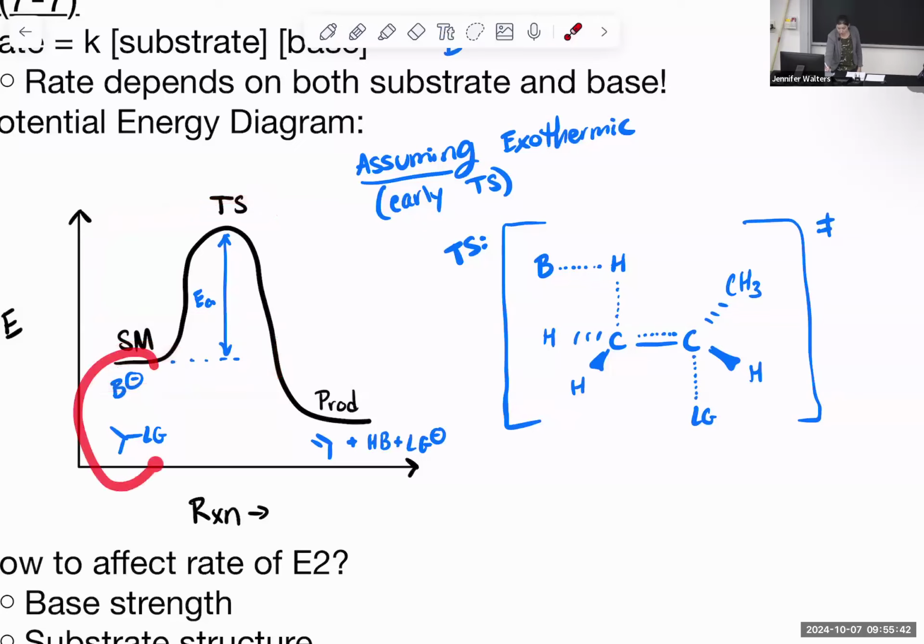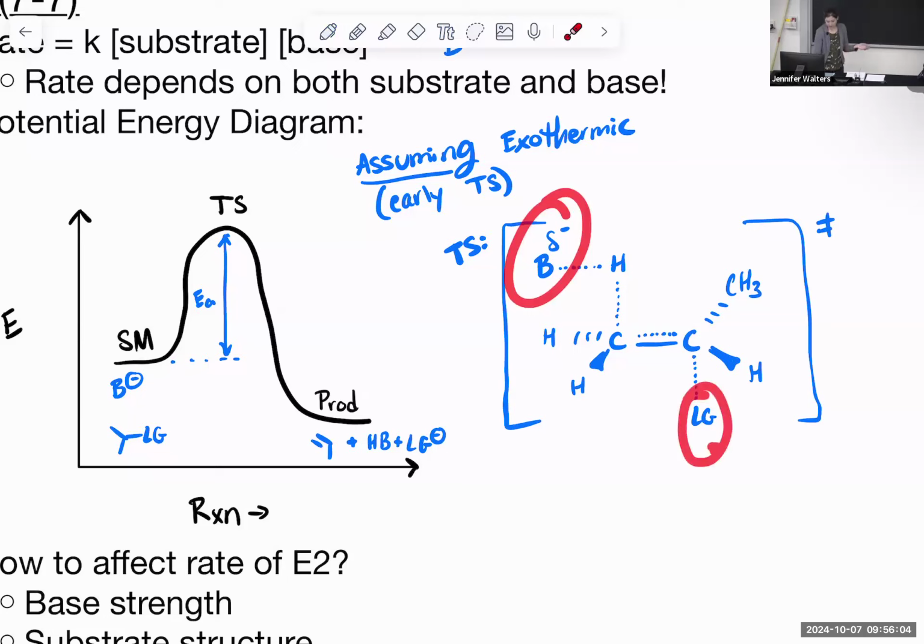The only thing that's charged in the starting material is the base. So that means that base has to have a partial negative charge, right? Everything else is neutral in the starting material. If I didn't know that I need an early transition state, then I wouldn't be able to assign the partial charges because I wouldn't know what you're supposed to look like. But because I gave you an exothermic, I can now assign my partial charges.